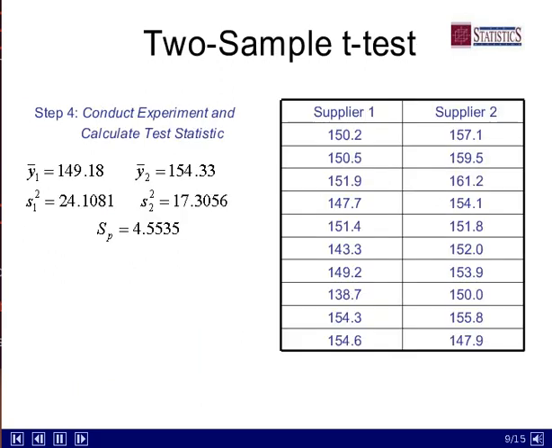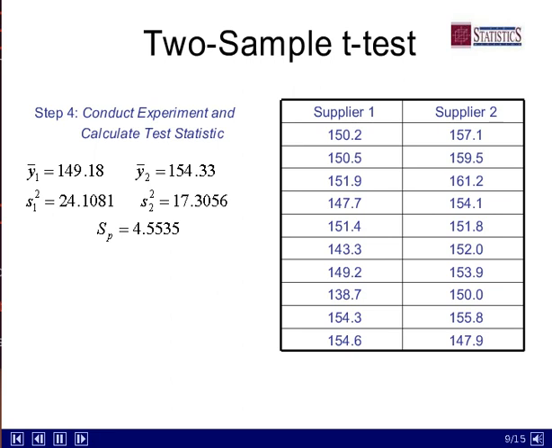The next step is to conduct the experiment, collect the data, and calculate the test statistic. The data is sitting there in that table. We get the summary values, y bar 1, 149.18, y bar 2, 154.33.